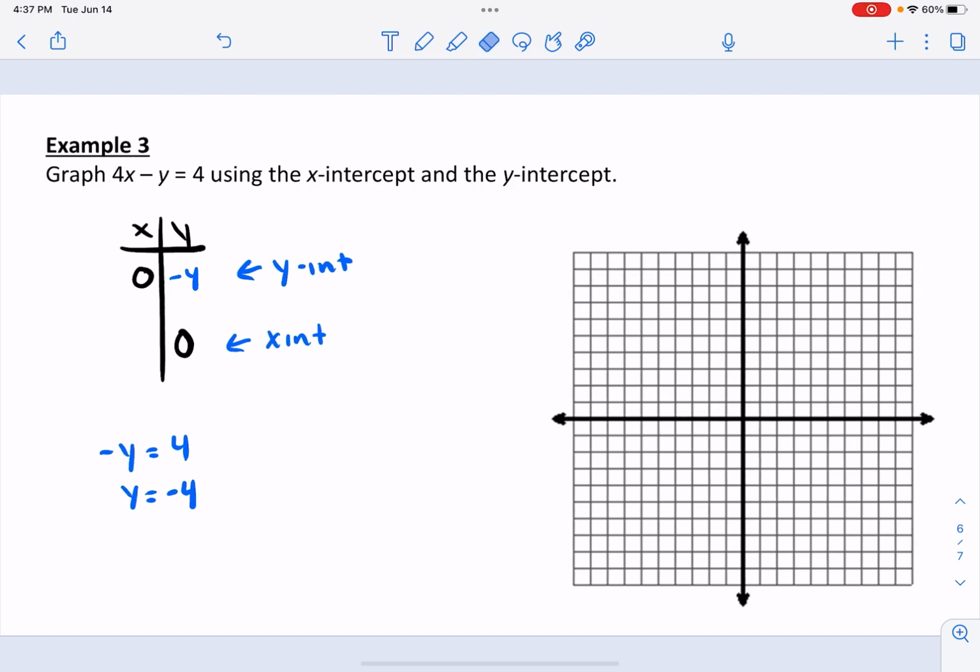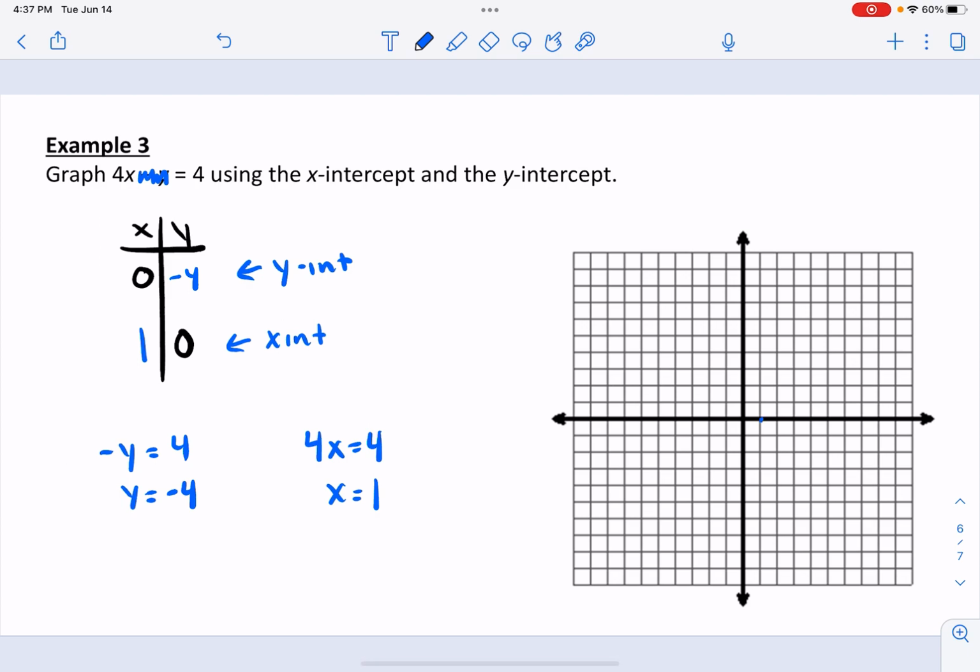Now if I erase that, and if I make y equal to 0, I have the equation 4x equals 4. X goes to 1. There I have my x-intercept.